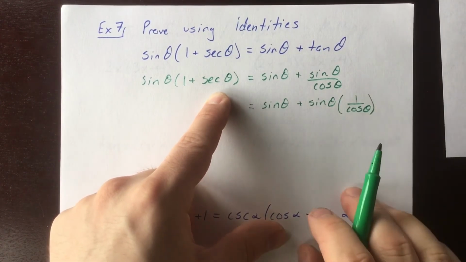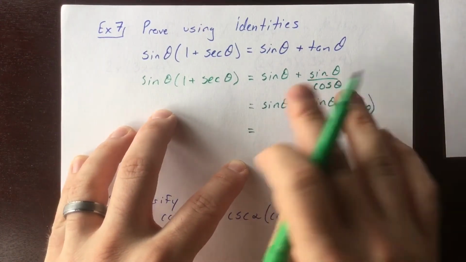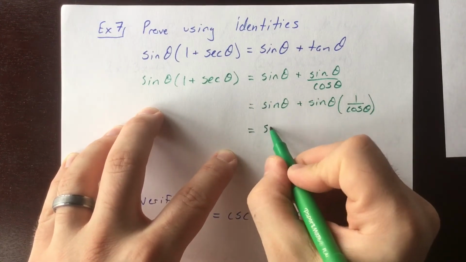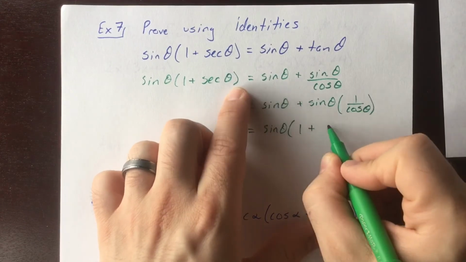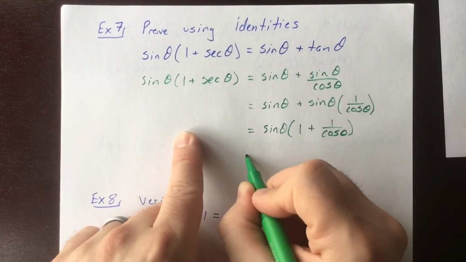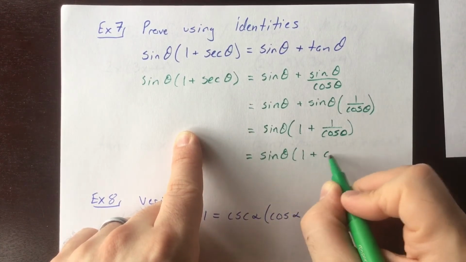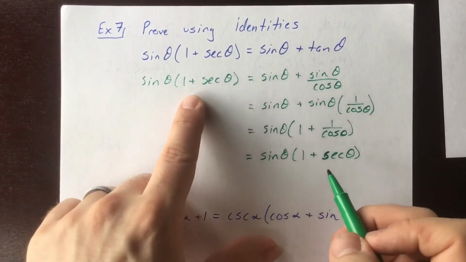Maybe you can tell where I'm going here. There's a common sine. I'm going to take sine of theta. So that's a 1, and then 1 over cosine theta, which is sine of theta times 1 plus secant of theta. And there we go.